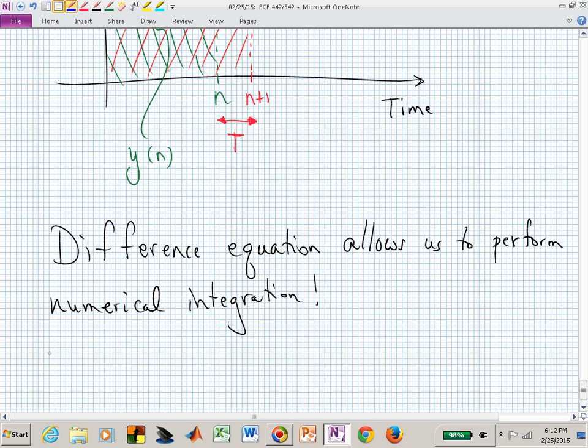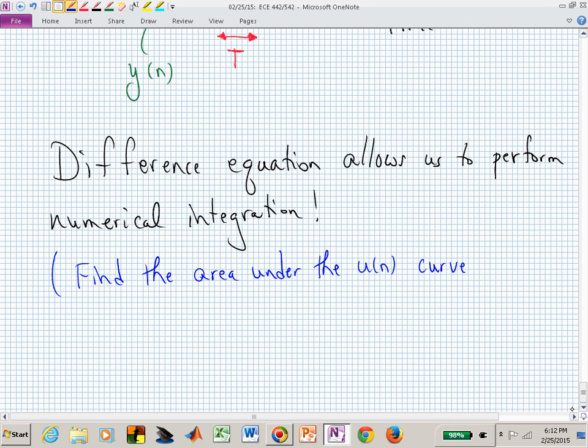Or you could say it another way, we're finding the area under this u of n curve numerically.